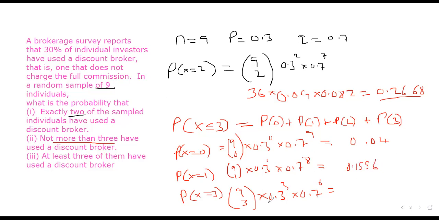And here, 9 combination 3, which is 84, times 0.3 to the power 3, which is 0.027, times 0.7 to the power 6, which is 0.1176. Multiply by 0.027, multiply by 84.